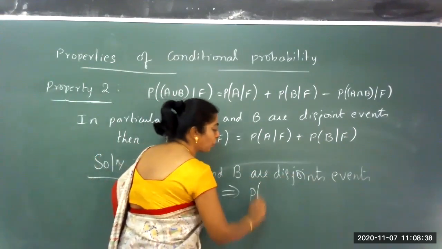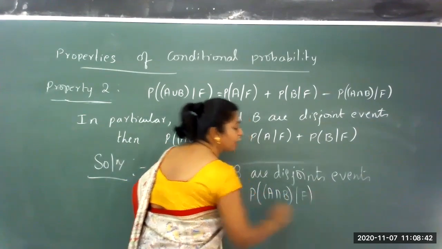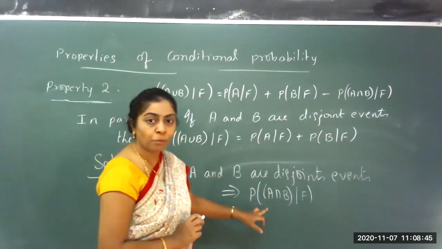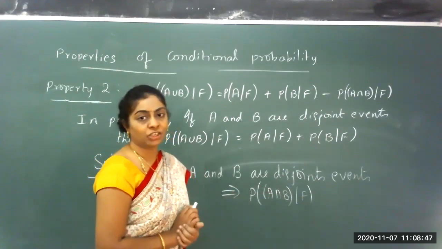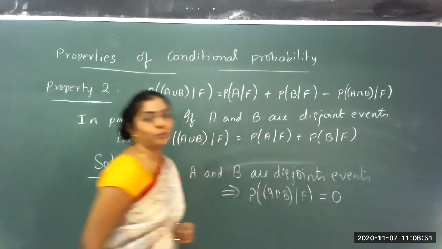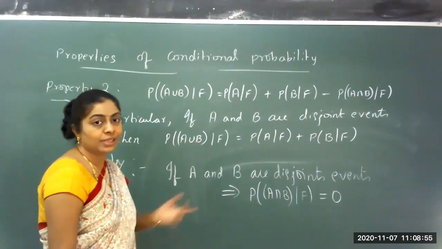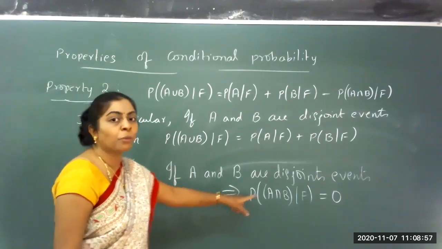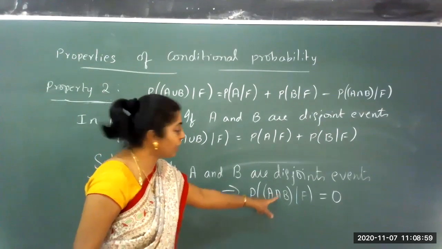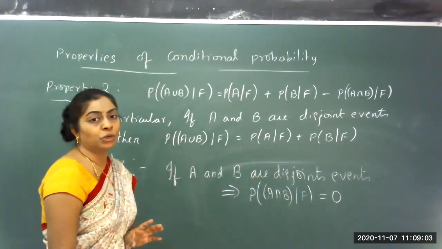It proves that the conditional probability of A intersection B when event F has occurred is equal to 0. Since they are disjoint, the conditional probability of A intersection B when event F has occurred is equal to 0.